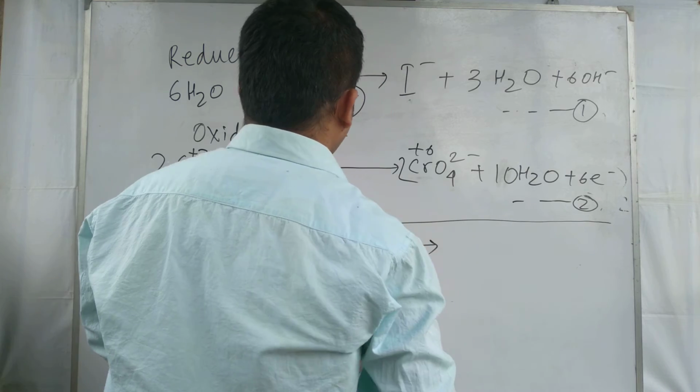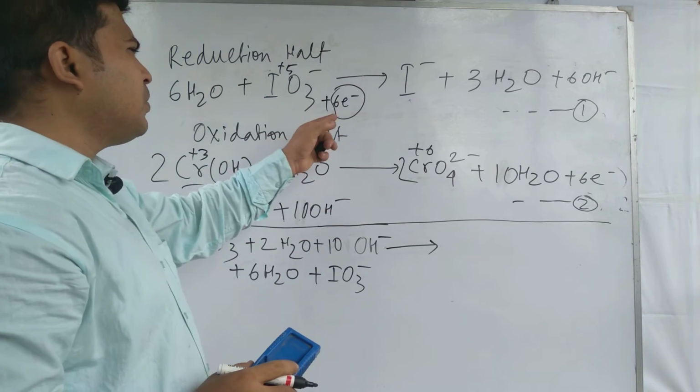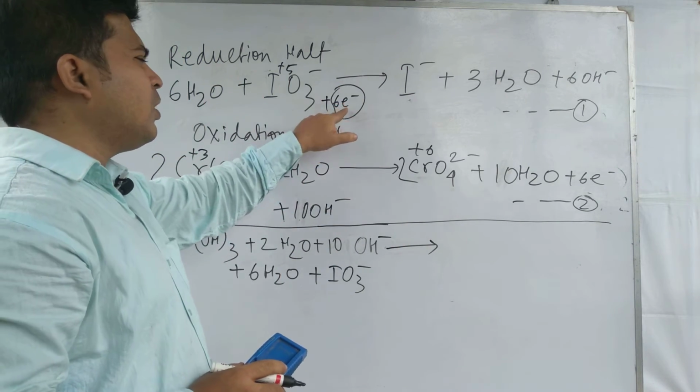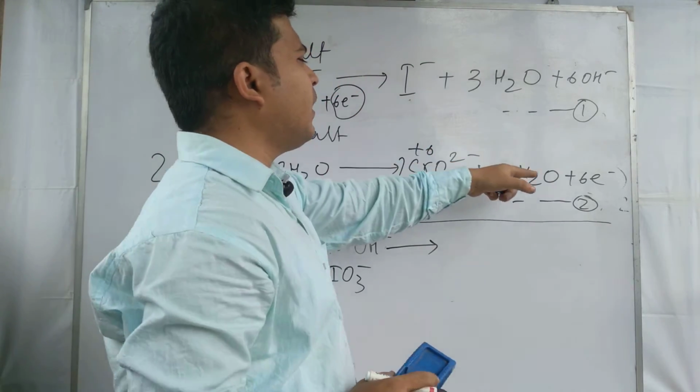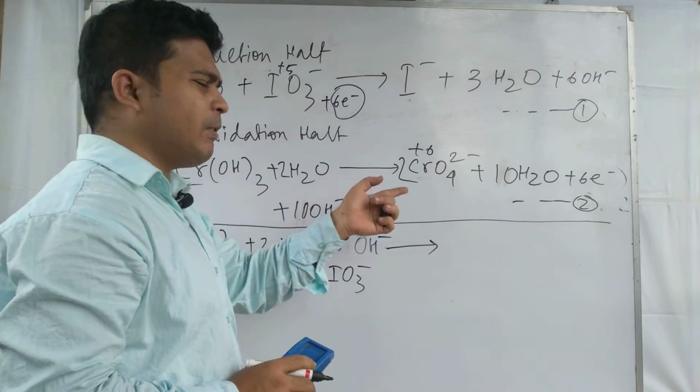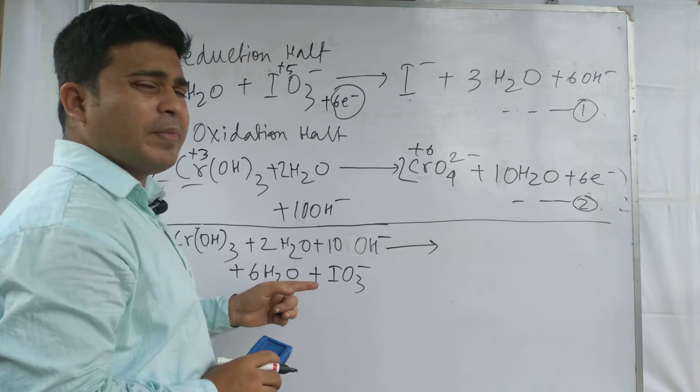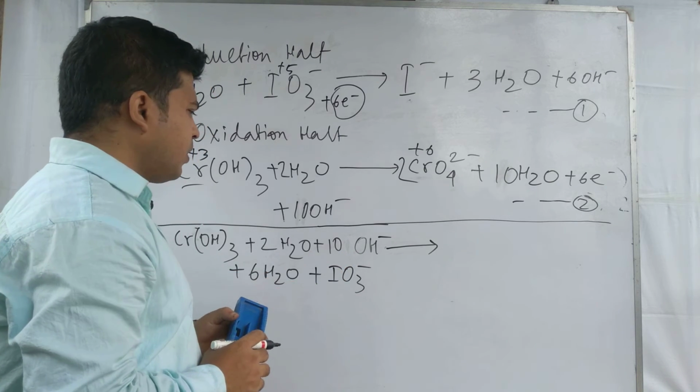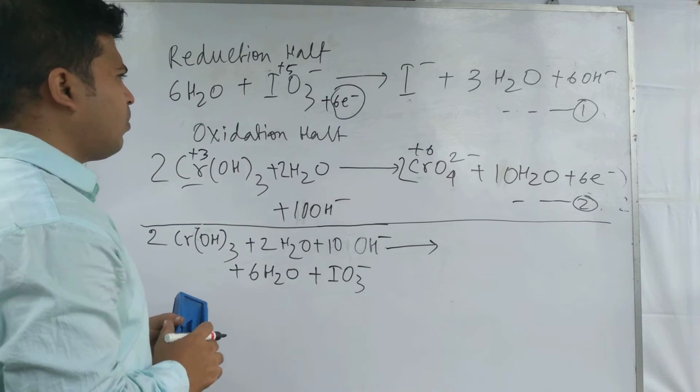One thing you must notice here, that the electrons present on the left hand side and right hand side cancel each other, so we do not need to write them in the main balanced equation. In the main balanced equation we do not write the number of electrons.